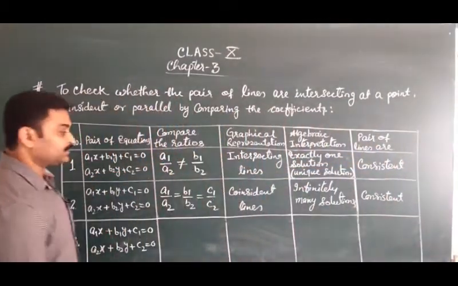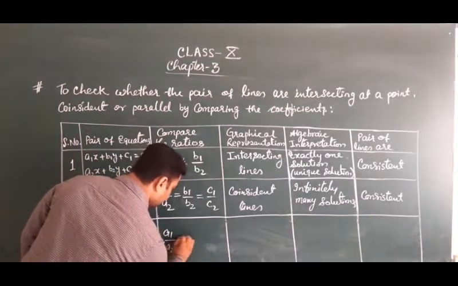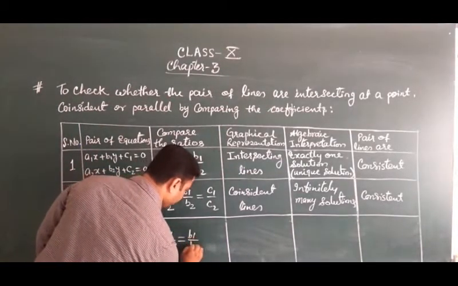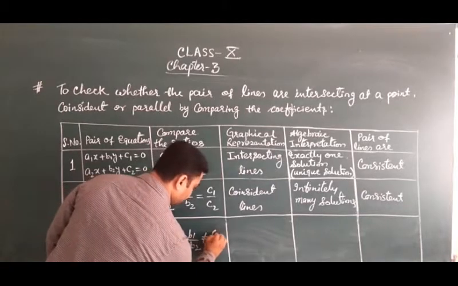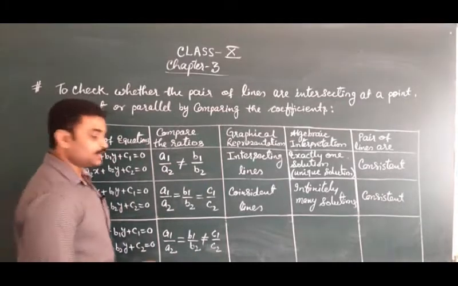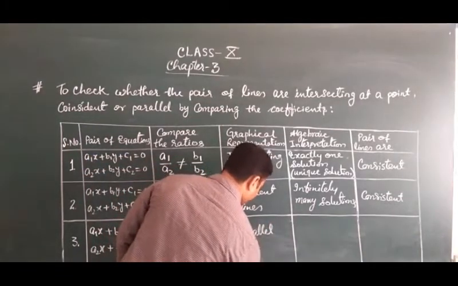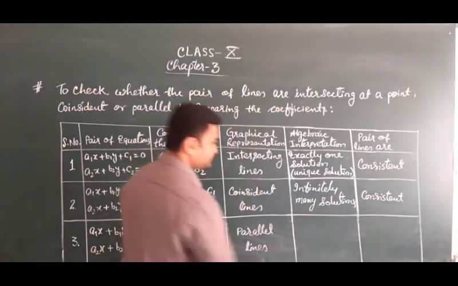Clear? And in the third case, if a1/a2 = b1/b2 but not equal to c1/c2, in this case the lines are parallel lines.